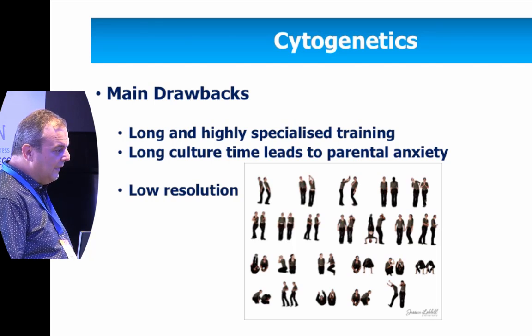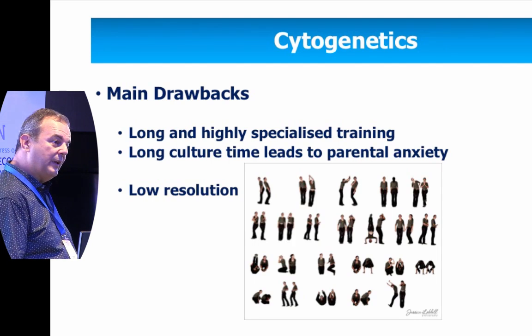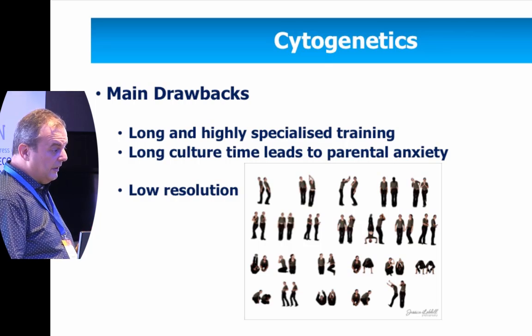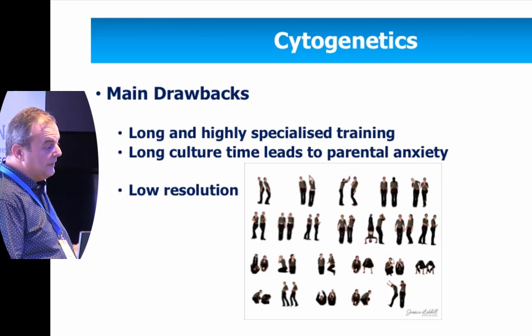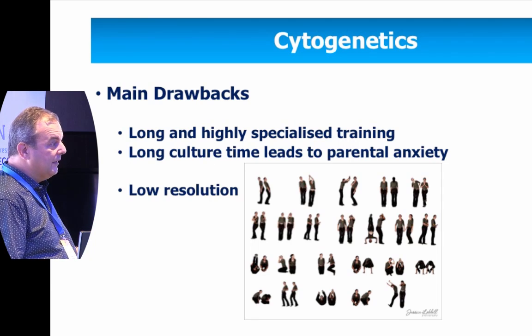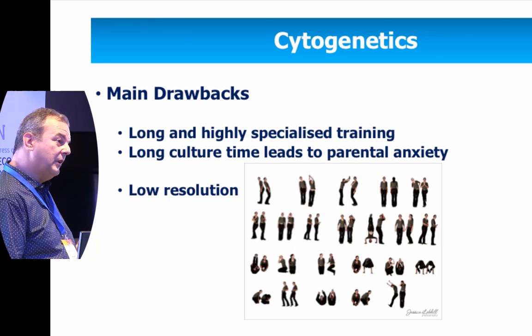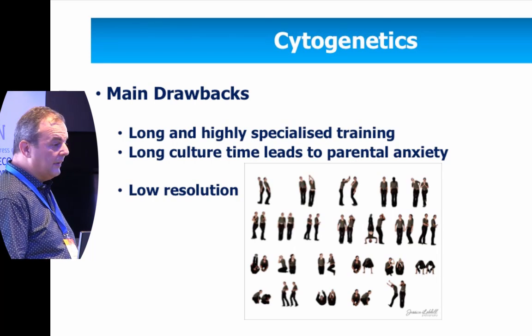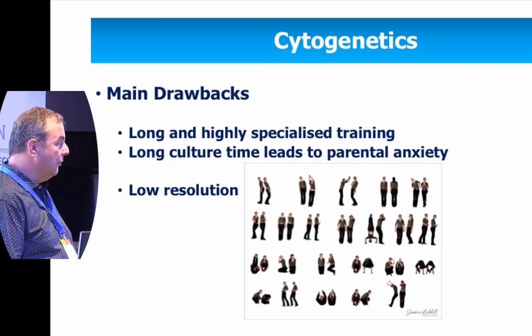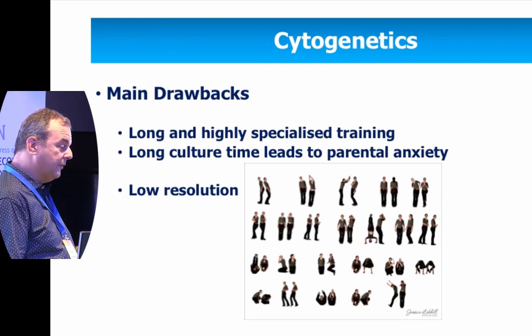The main drawbacks are that cytogenetic analysis needs trained people, and the training is very long and time-consuming. The long culture leads to parental anxiety, and what we are definitely not happy about with karyotype analysis nowadays is the low resolution, which is limited to the resolution of optical microscopy.